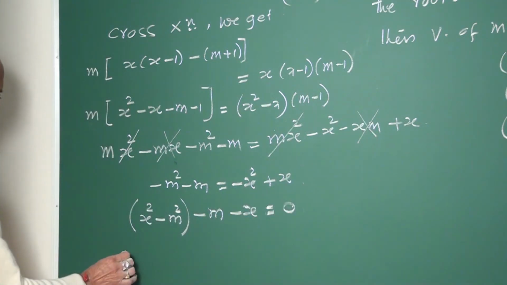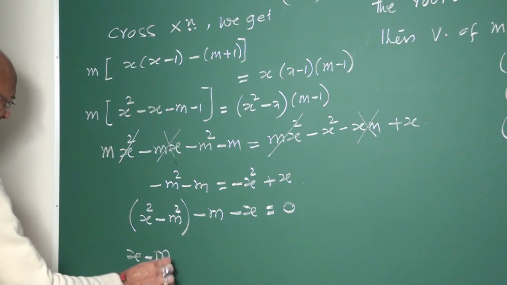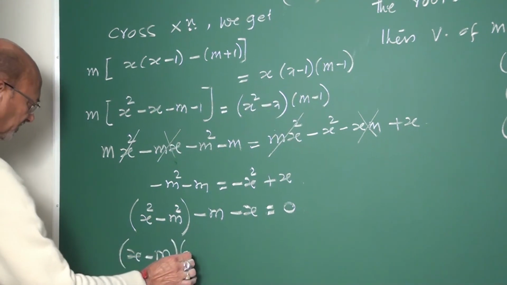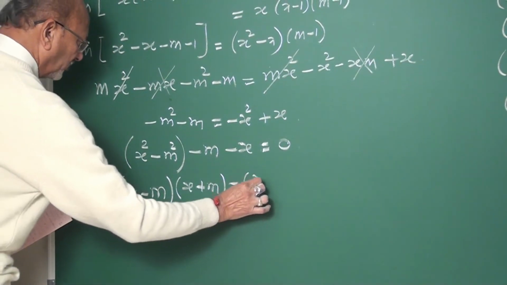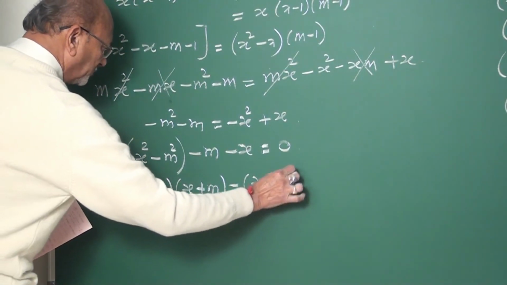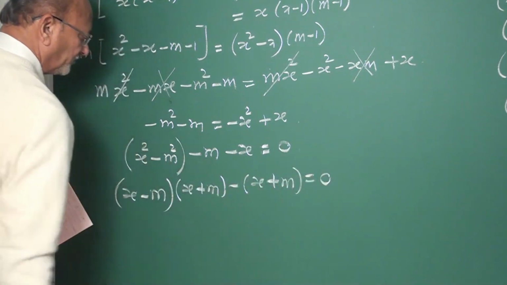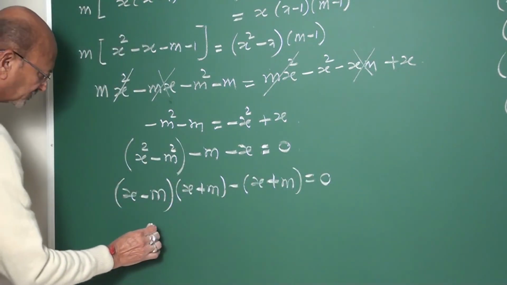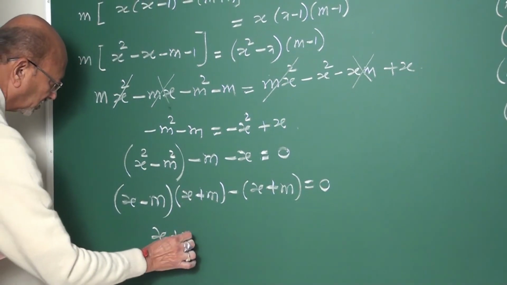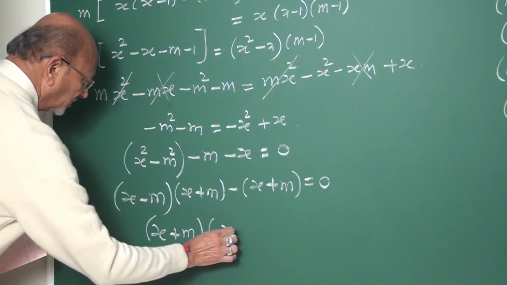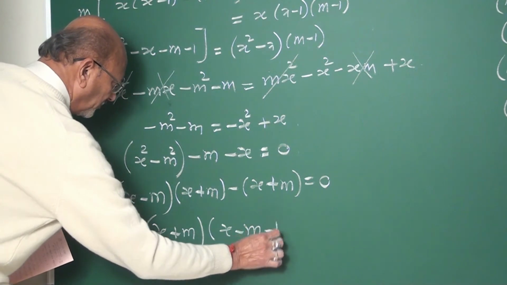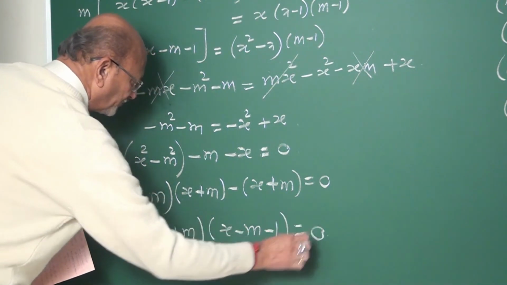What are the factors? X minus m into x plus m. Minus is common. X plus m equal to 0. What is common? X plus m is common, and you have x minus m minus 1 equal to 0.